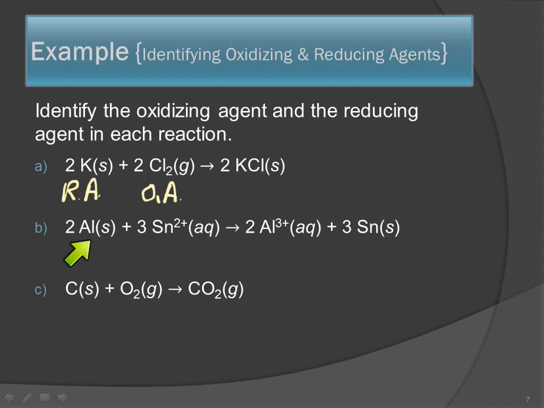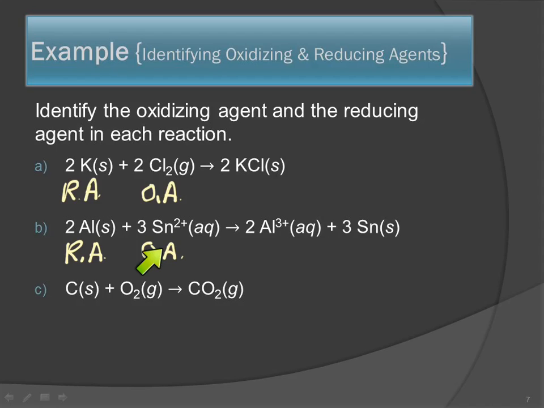So here we've got aluminum going from Al to Al3+, loss of electrons. It is being oxidized. So it's the reducing agent. This other one is the oxidizing agent.